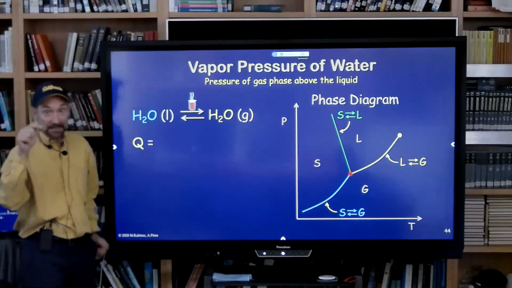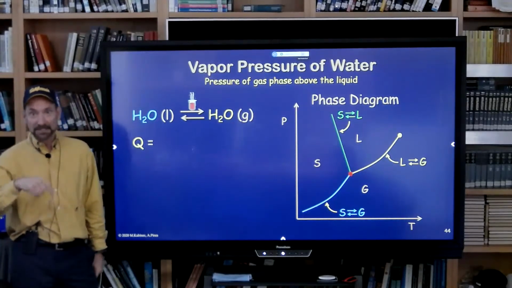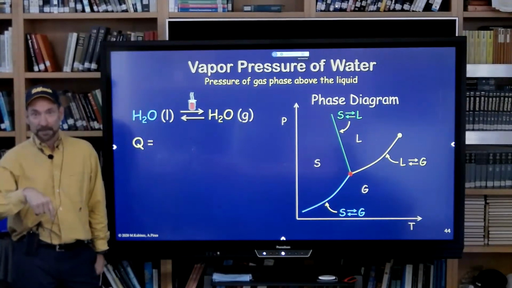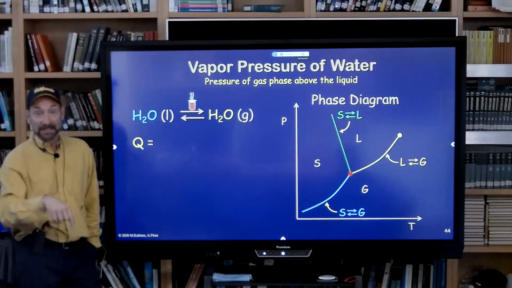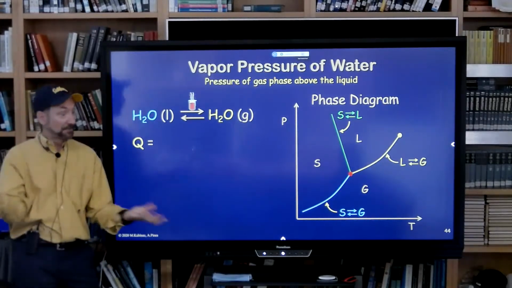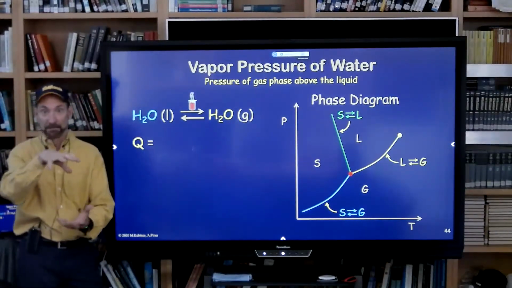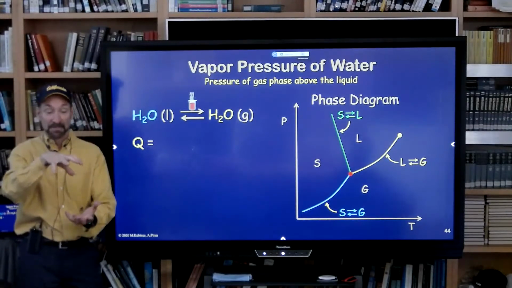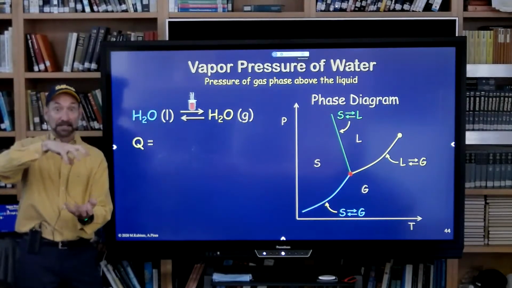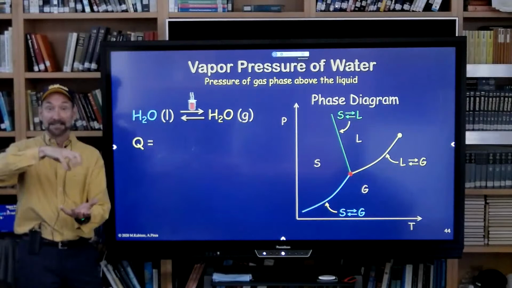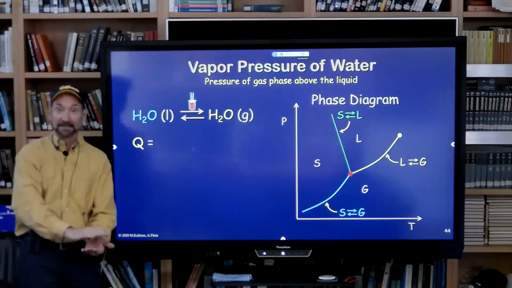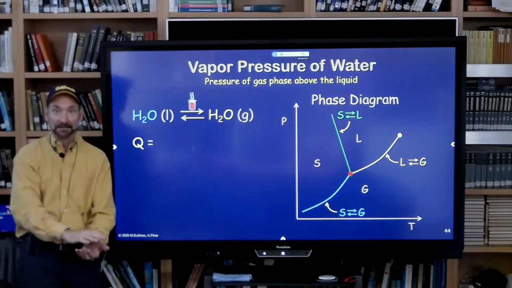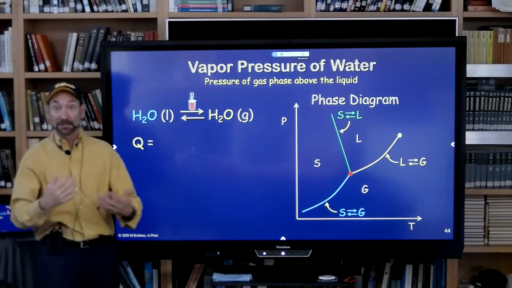And the liquid and the gas can be in equilibrium at 25 degrees C. You don't have to go to boiling, 100 degrees C. That's another situation where the liquid and the gas are in equilibrium. But then the equilibrium pressure of the gas is 1 atmosphere. You can be in equilibrium at 25 degrees C, but the equilibrium pressure of the gas is just smaller.